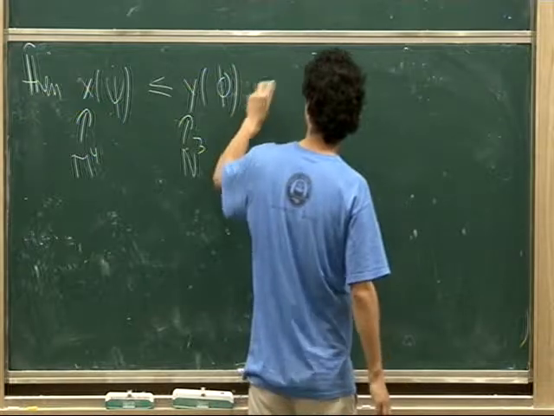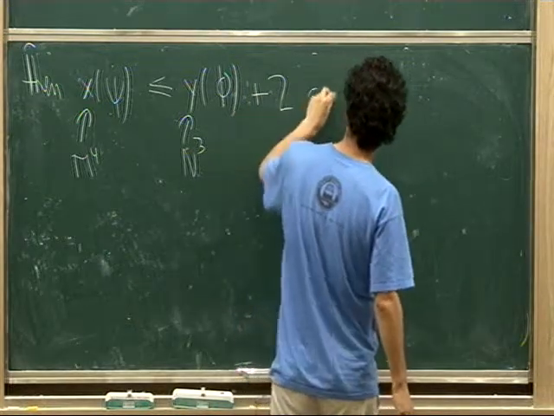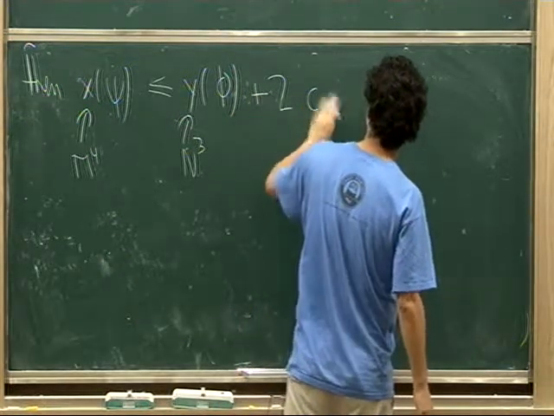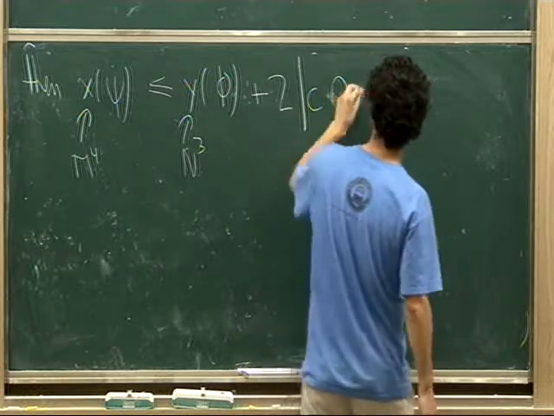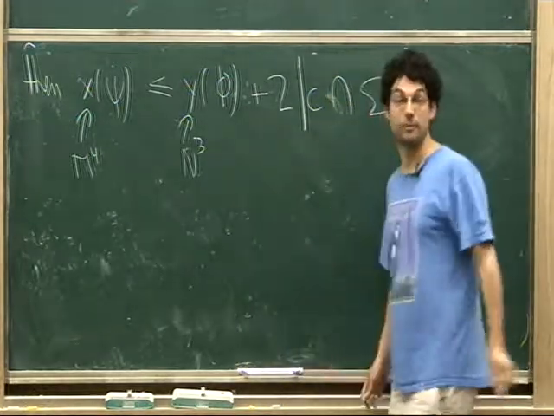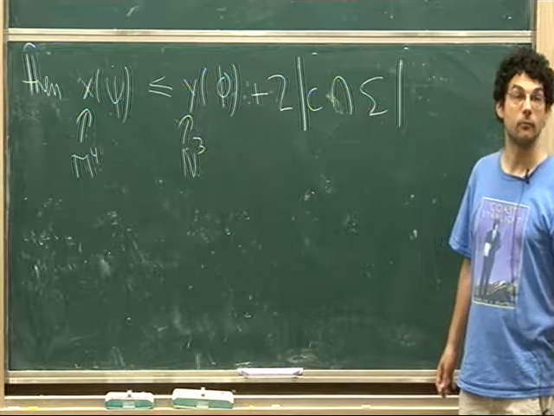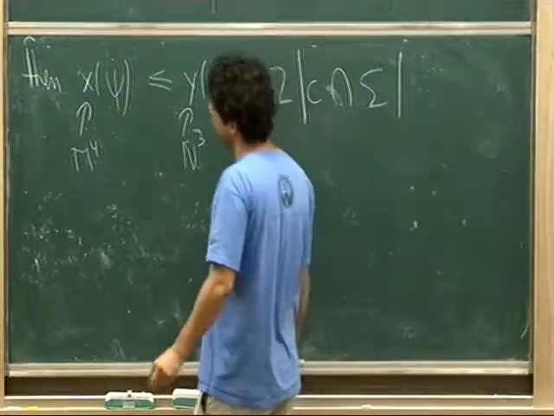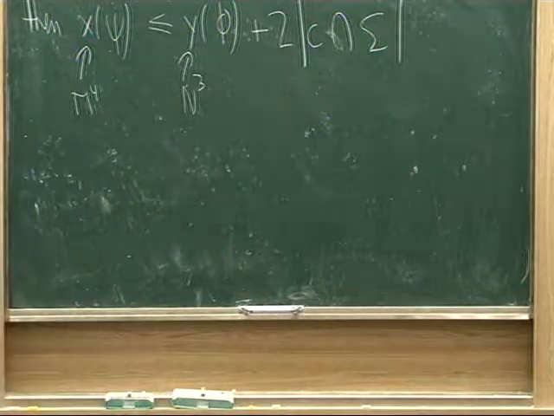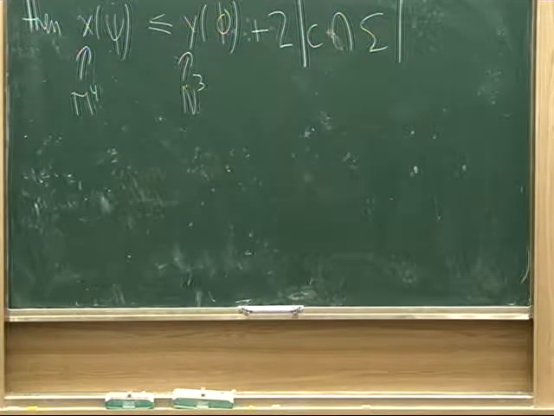So plus 2 C dot sigma, where C dot sigma is the number of intersection points of C and sigma. If you think about how to construct surfaces representing homology classes, that's what you're basically forced to do.